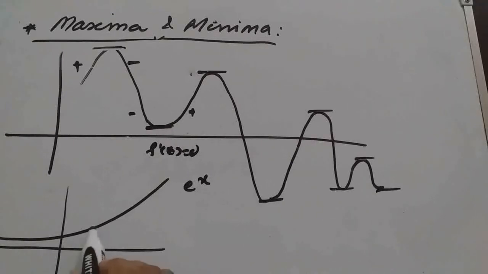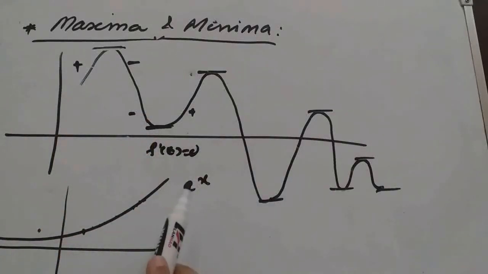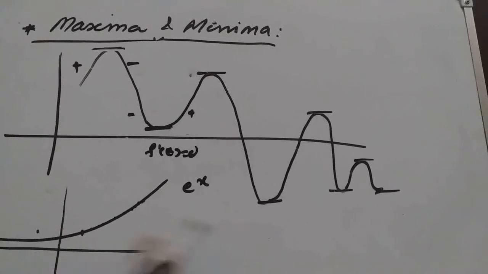If you consider each point on the curve, the function has some value, but there is no particular point where the sign of the function is changing. So this type of function has neither maxima nor minima.